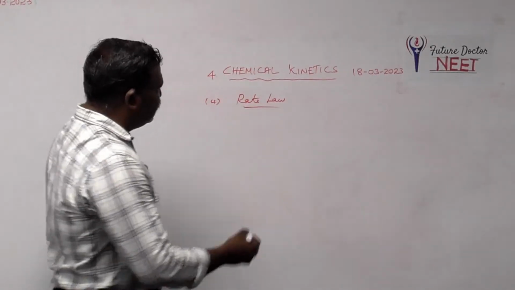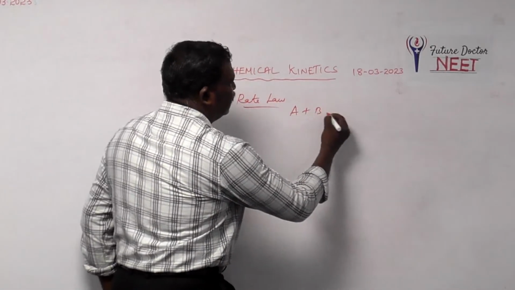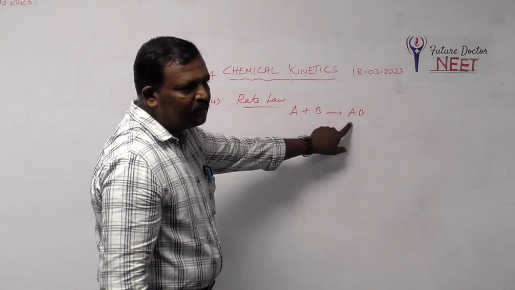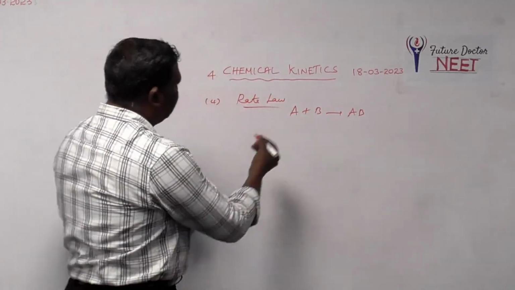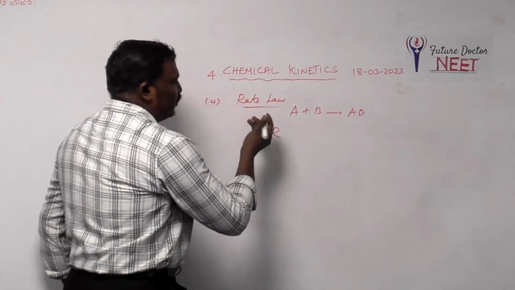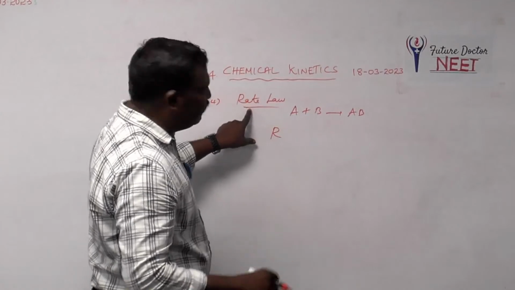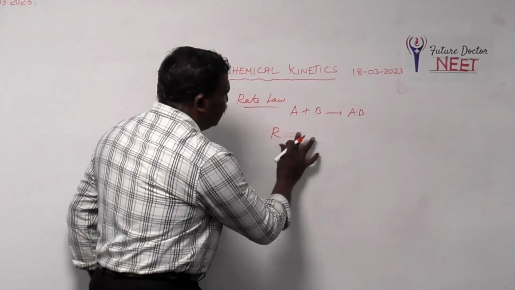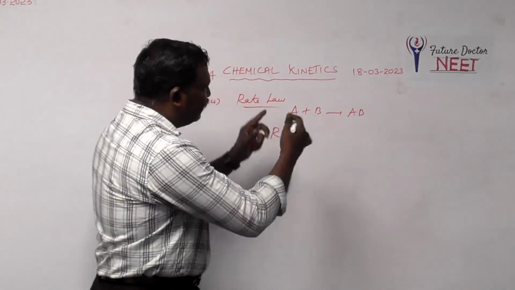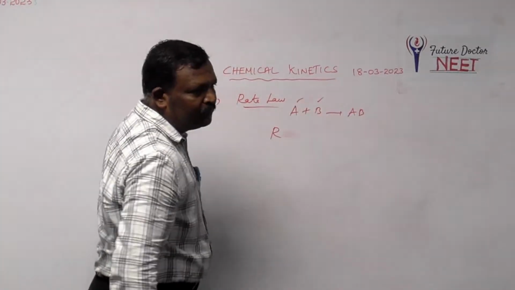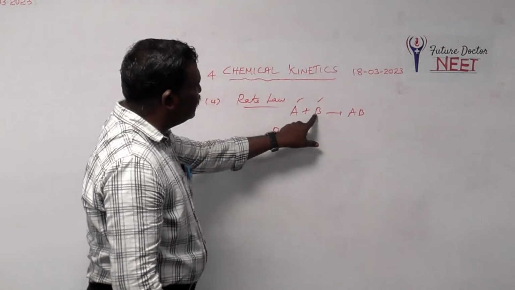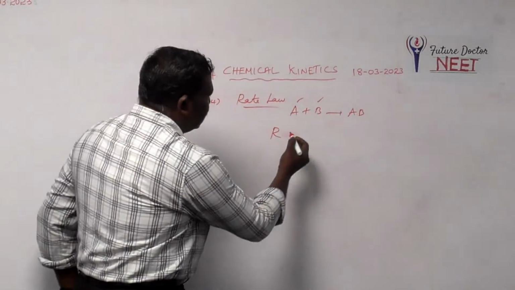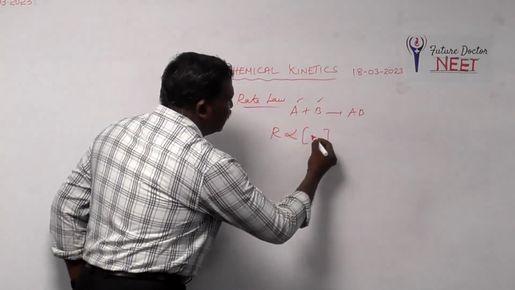Rate law nothing but, suppose, that A plus B gives AB, generally. So reactant is A and B, product is AB. Rate of reaction is different from rate law. Rate R is equal to, so see, generally, the rate of reaction depends upon reactant only, always. If the reactant is highly concentrated, automatically the reaction goes on very fast. So rate of reaction is directly proportional to concentration of the reactant.